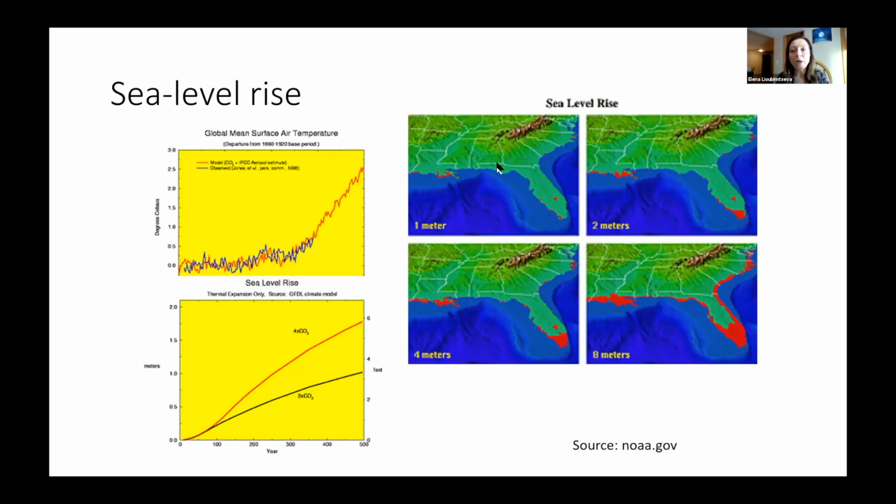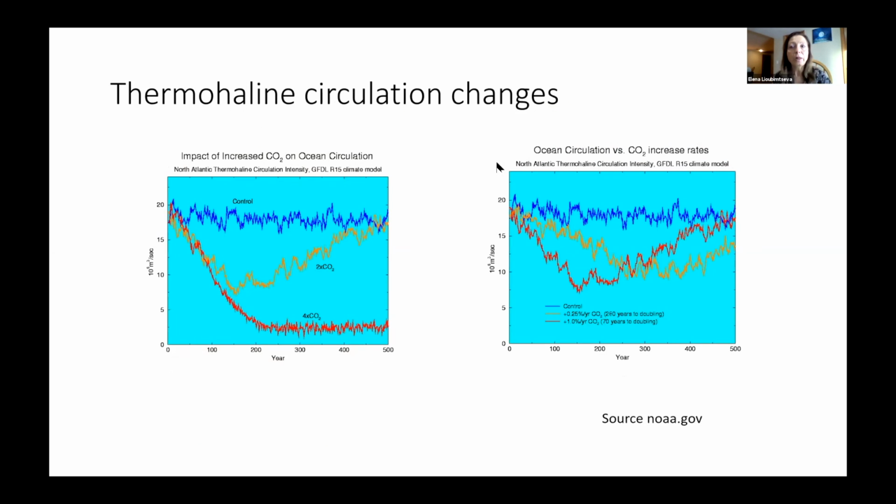They can also help us see what would be the changes in the sea level rise and in the thermohaline circulation. The thermohaline circulation is the system of ocean currents based on the gradients of temperature and salinity in the ocean.